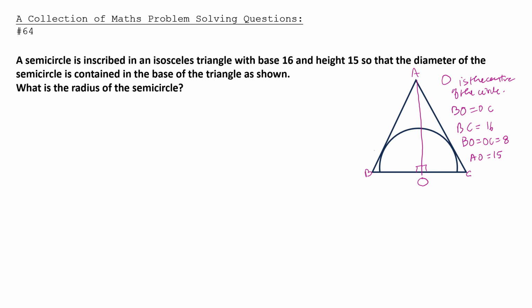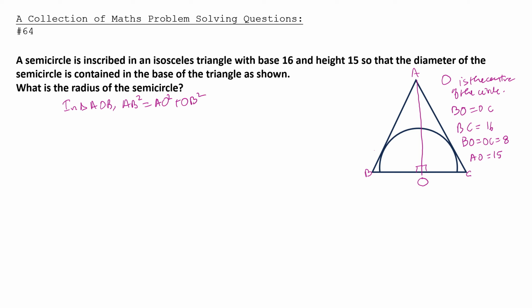So in triangle AOB, AB square equals AO square plus OB square.